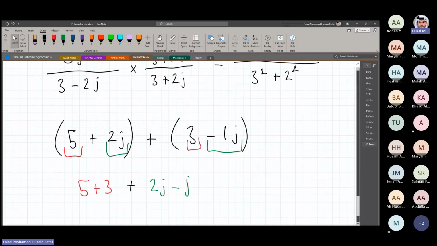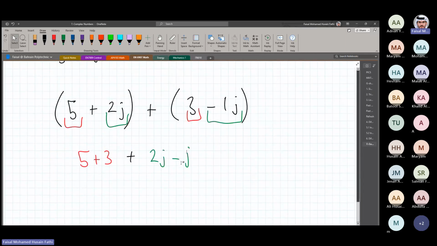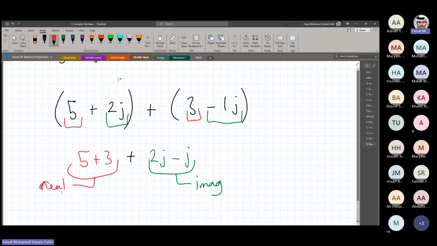Same thing with subtraction. Just make sure you're distributing. You're just going to directly add them and just add the real and real numbers together and add the imaginary numbers together. So the imaginary numbers you're going to add by themselves and the real numbers you're going to add by themselves. Okay, very simple. Same thing with subtraction. Same thing with addition.